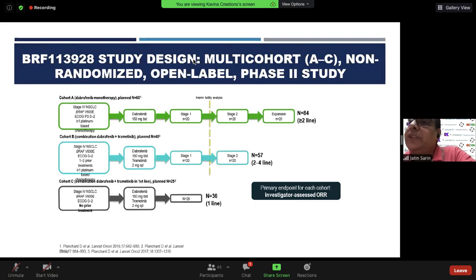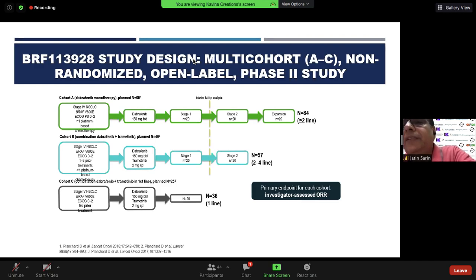This study was shown in good detail by Dr. Ulhas, that in cohort A, a single agent was used. In cohort B, after 1 to 3 prior lines of therapy, a double agent was used. And in cohort C, it is the first line.